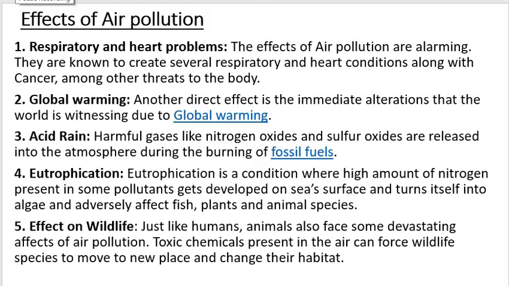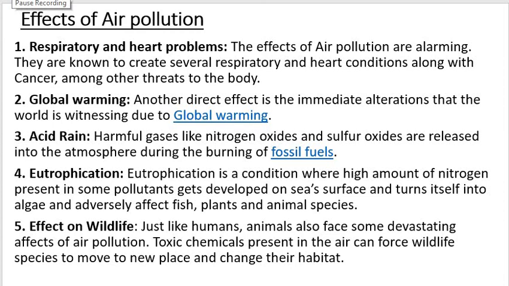Next is about effects of air pollution. First one is respiratory and heart problems. The effects of air pollution are alarming. They are known to create several respiratory and heart conditions along with cancer, among other threats to the body.